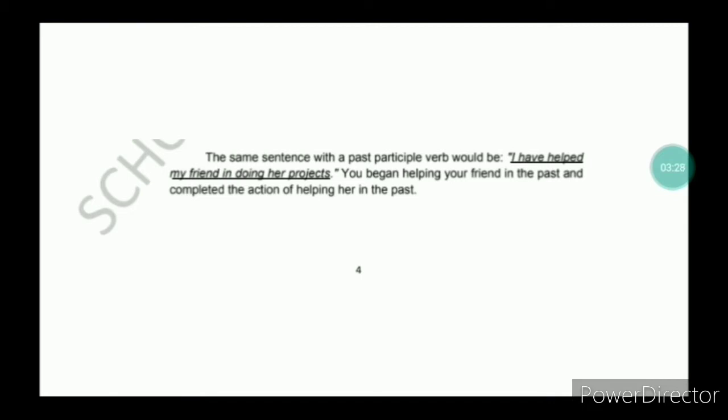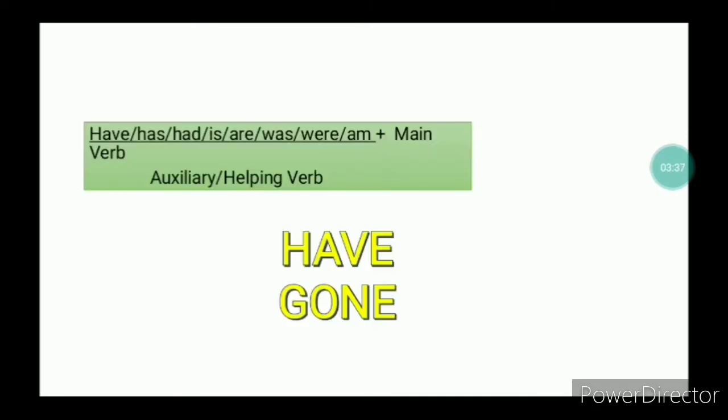Mom, can you give us some easy way or strategy where we will differentiate past tense and past participle of the verb? The best strategy is here. If it is a past participle, it always has or have, it uses an auxiliary or helping verb.